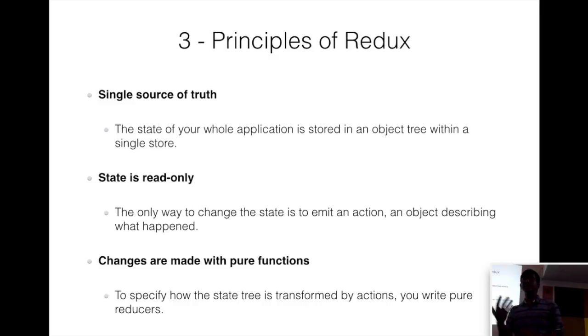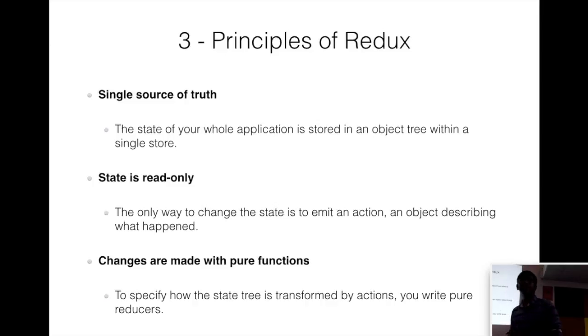This is where Redux differs in its implementation, because in the Flux design pattern, there is no mention of how many stores your app should contain. It does not restrict the number of stores your application can have. But Redux says that you should only have one store per application, and that you should keep your entire state in a single object tree. That's what single source of truth is all about.